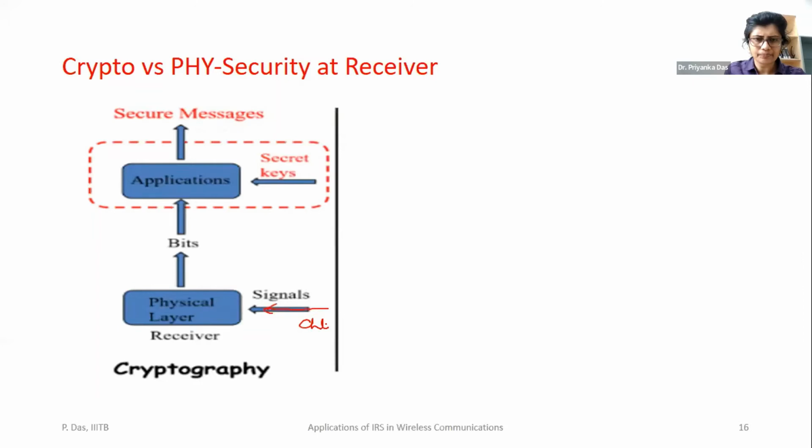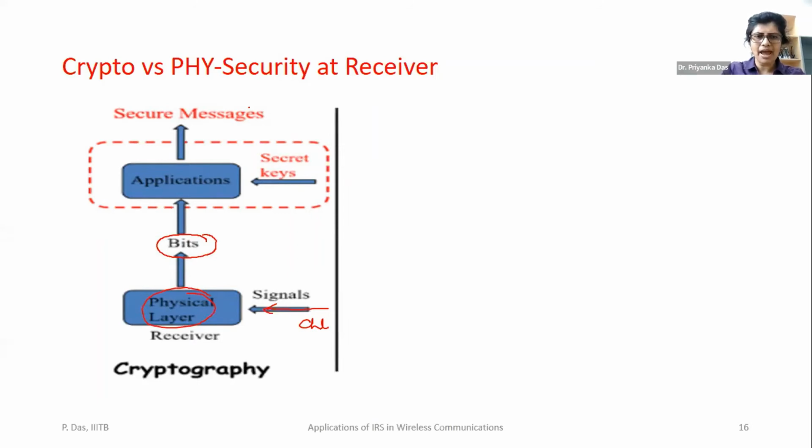The physical layer does a lot of decoding and demodulation, a lot of signal processing operations on the signal, and it will give bits. Then it goes to the application layer, where you do your decryption algorithm using secret keys, and you have your secure message at your computer. You are seeing your webmail. That's the cryptography way, a very simple-looking picture.